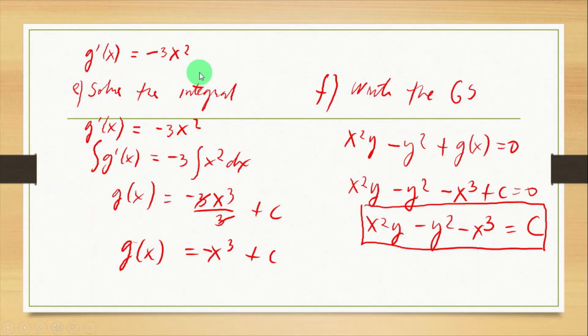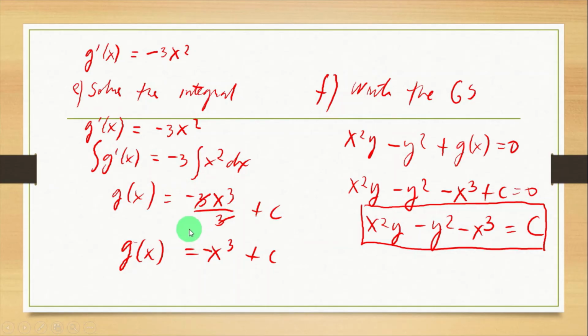Then after that, you need to solve the integral. So your g prime of x is equal to negative 3x squared. The integral of g prime of x is equal to negative 3 times the integral of x squared with respect to x. So the integral of g prime of x is g of x. And this is equal to negative 3 times the integral of x squared, that is x cubed over 3, plus the arbitrary constant c.